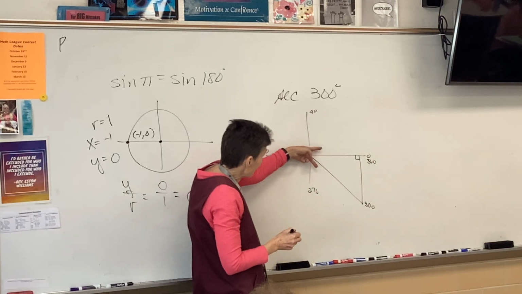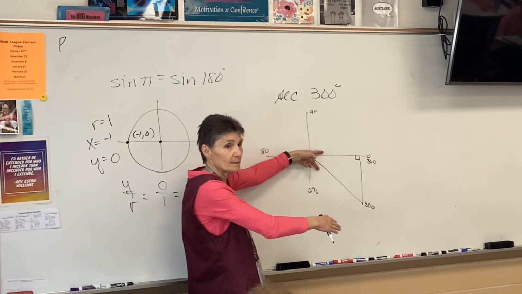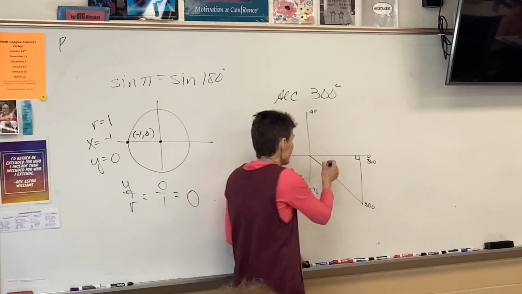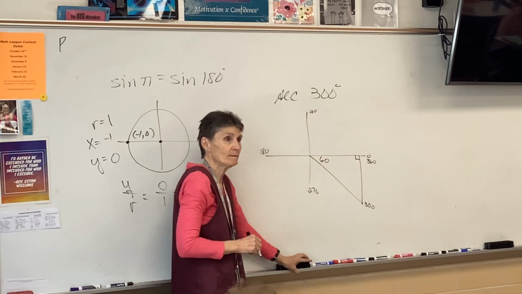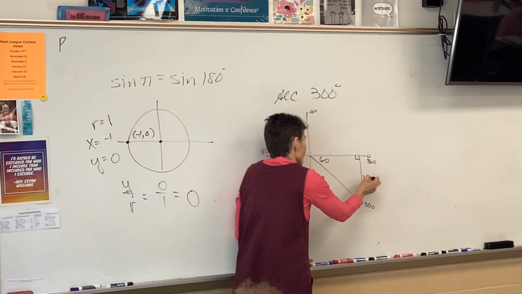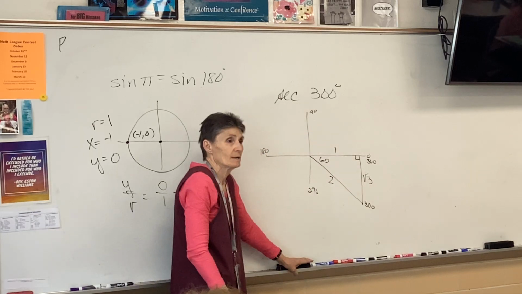So I need an angle that's formed by 300 and 360? 60 degrees. Are we good with that, everyone? Across from the 60 is the root 3, as the 30 gets to 1, and the hypotenuse is 2.